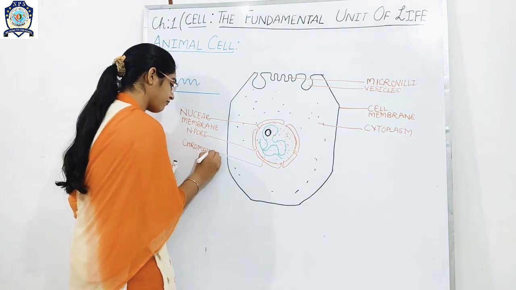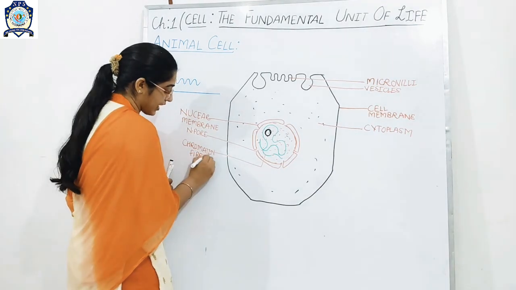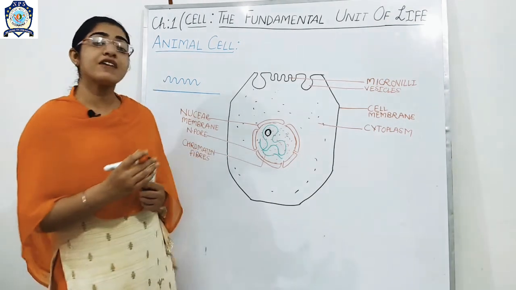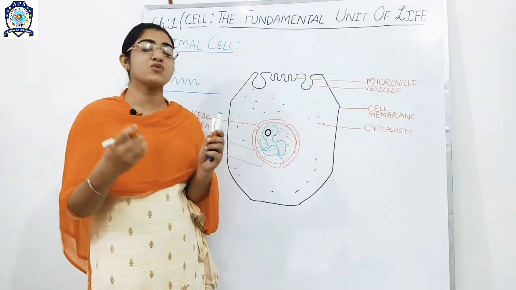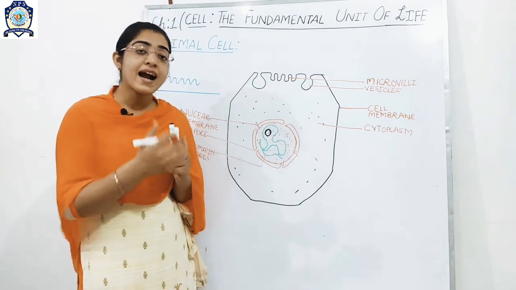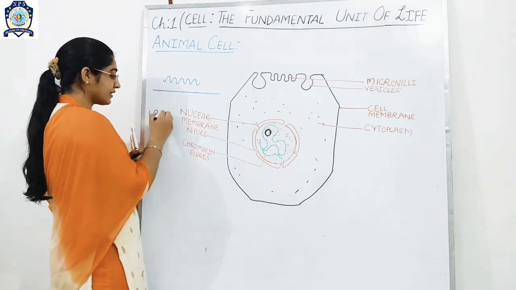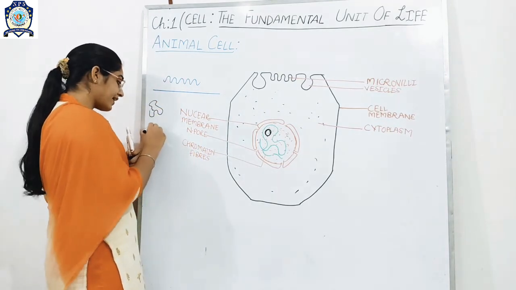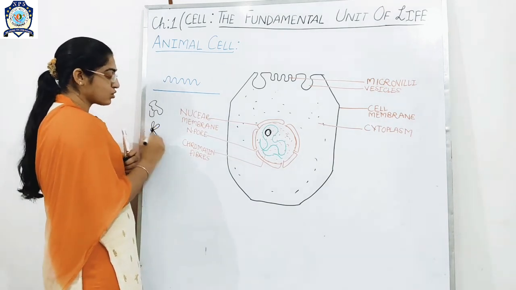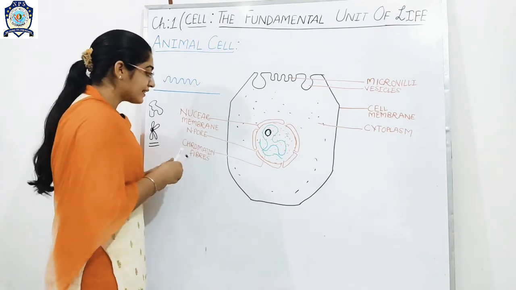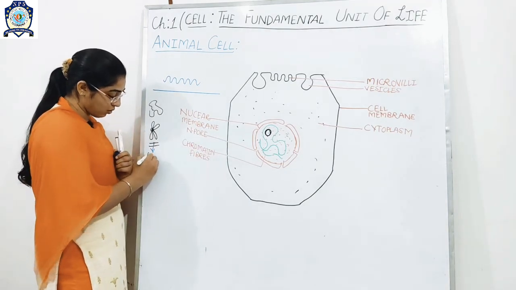We have studied that chromatin fibers get condensed during cell division, they join together. These thread-like structures condense during cell division to form the most important structure, which is called the chromosomes.